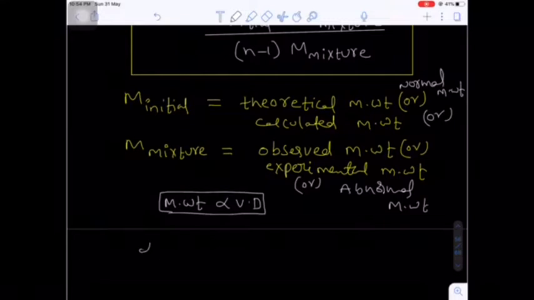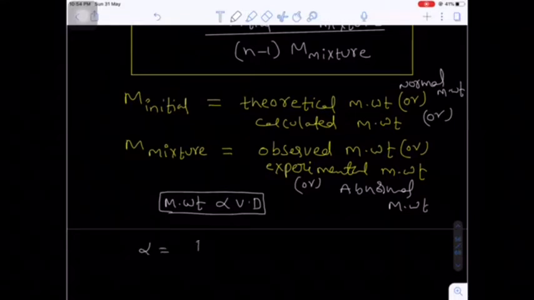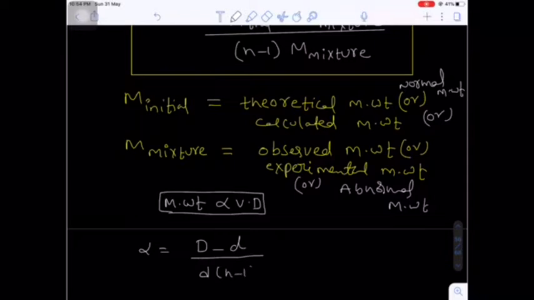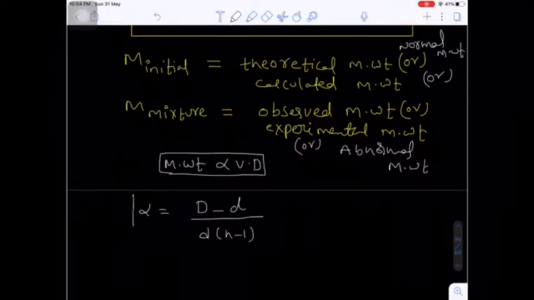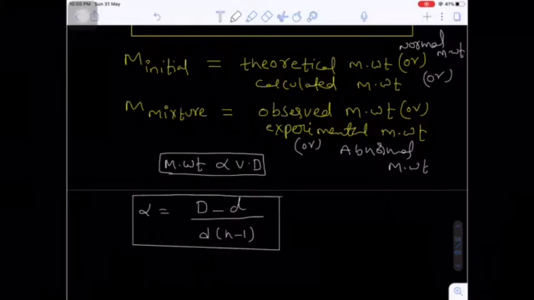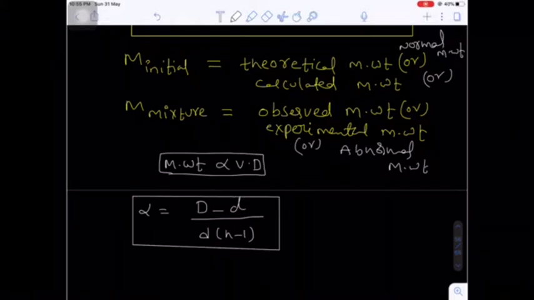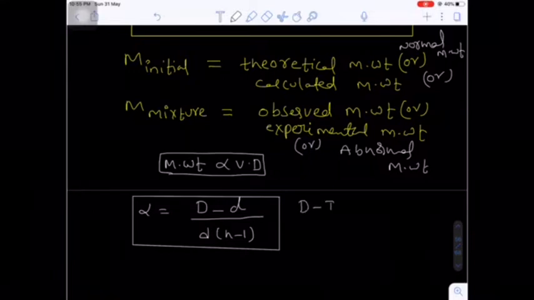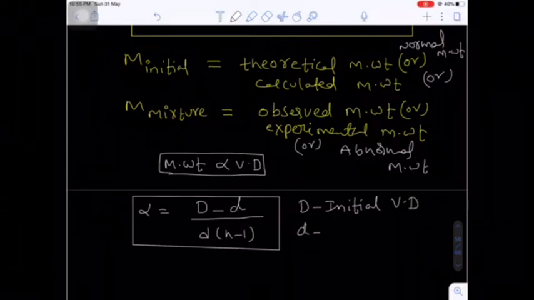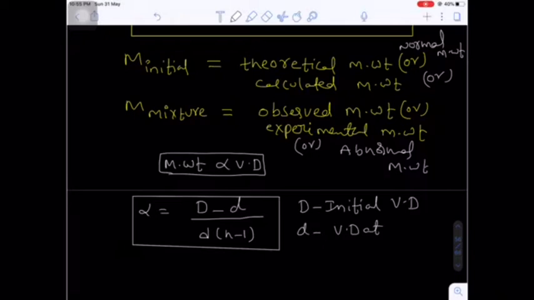Okay, now instead of molar mass I am taking the vapor density initial minus vapor density mixture whole divided by vapor density mixture multiplied by n minus 1. So this is the relation between degree of dissociation and vapor density. What is the capital D? This is the initial vapor density. What is the small d? Vapor density at equilibrium.